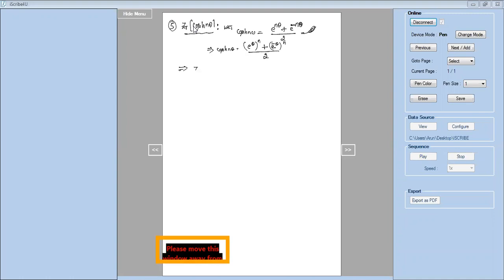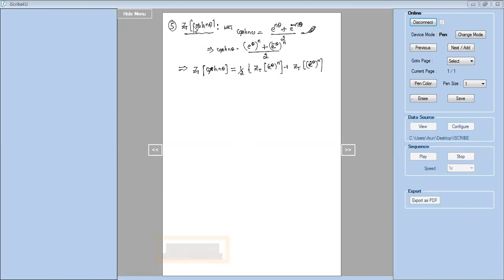This implies the Z transform of cosh nθ is equal to, I can write 1 by 2 outside, the Z transform of (e^θ)^n, first term, plus the Z transform of (e^(-θ))^n, right?